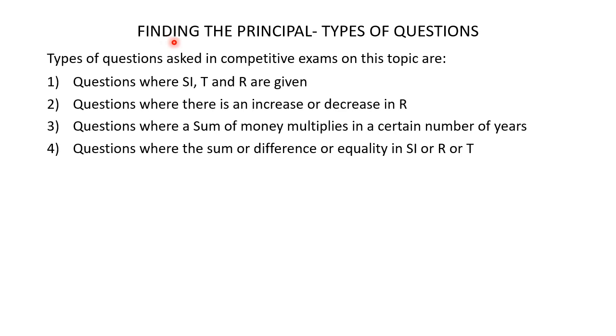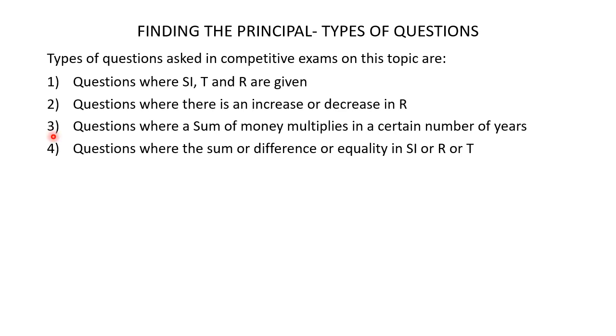Finding the principal. The types of questions that are asked in competitive exams on this topic are: Type 1 is questions where simple interest, time and rate of interest are given. Type 2 is questions where there is an increase or decrease in the rate of interest.